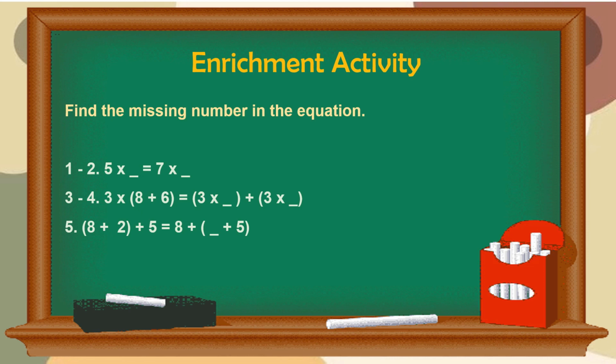Number 5. 8 plus 2 plus 5 is equals to 8 plus blank plus 5.